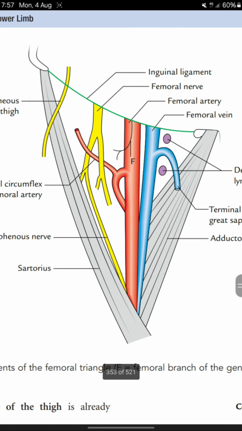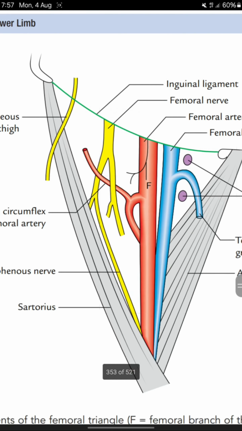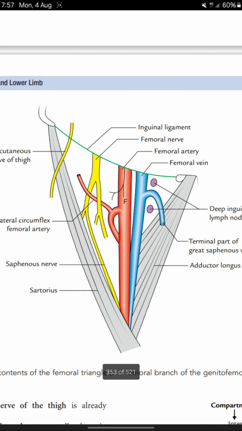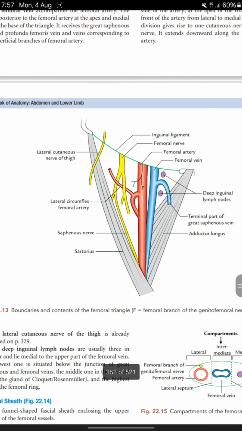And the sequence of structures is VAN: femoral vein, femoral artery, and femoral nerve. You should remember this sequence, VAN, from medial to lateral. Some people make this mistake: they draw structures on the left and right sides reversed.